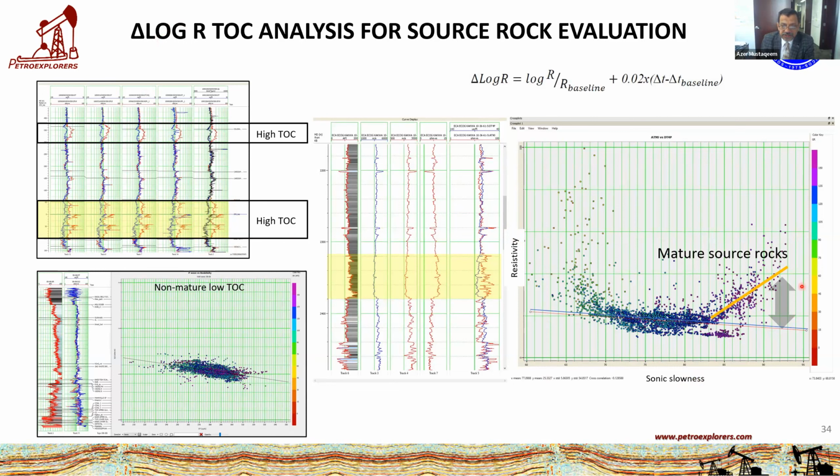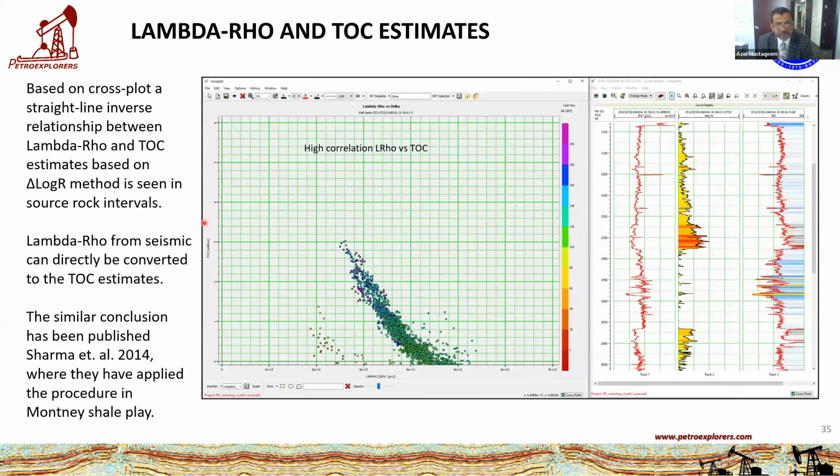That means a high slowness, which means slower velocity, and high resistivity create a gap, and that is usually calibrated with the source rock evaluation with the vitrinite reflectance, to get the understanding. So that's been more study on the rock physics side here.